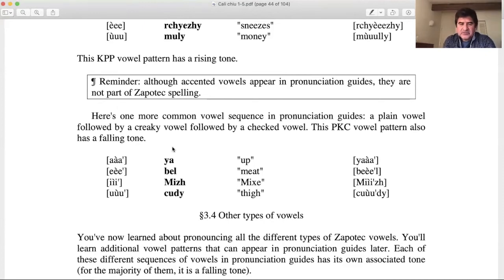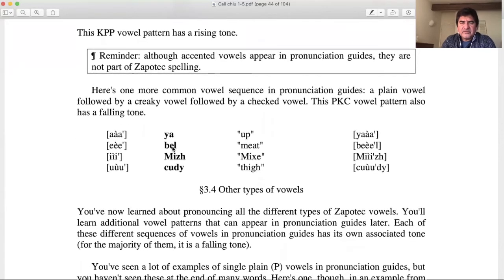And mije, which is an ethnic group in Oaxaca, mish, mish, thigh, good, good. Okay, so as you can see, we have three different types of vowels here, which is plain, creaky, check.